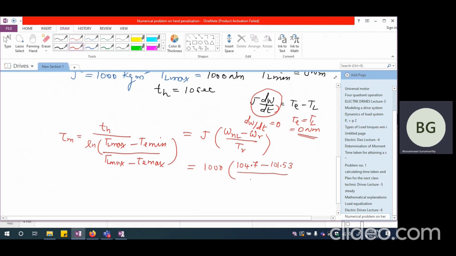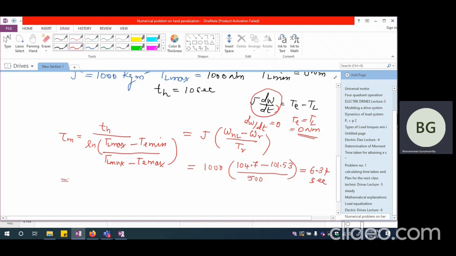That divided by TR, which is actually 500 Newton meter. So this is going to be our tau m, and this tau m comes out to be 6.34 seconds. The time constant has the dimension of exactly time, that's why we have written 6.34 seconds.